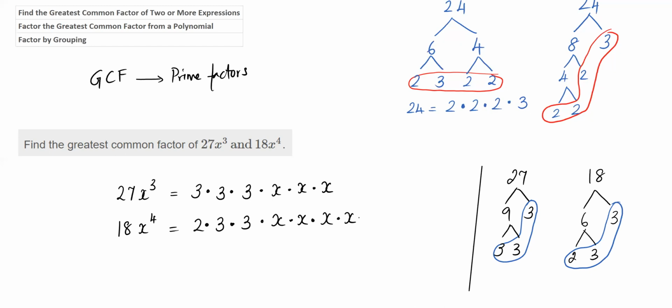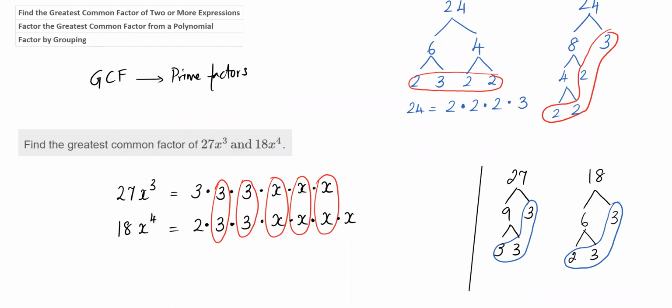All right, so now that you have split them up as prime factors, it's time for us to begin to group them. So what we do is we group the common factors. We have one set of 3s that are common to the two terms, another set of 3, another set of x, x, and x, right?